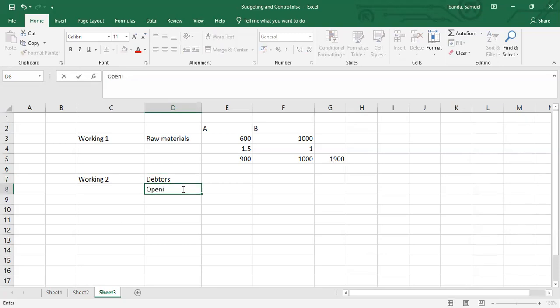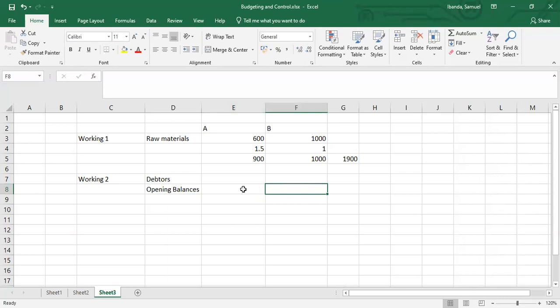So debtors, I have my opening balance. Debtors are basically receivables. So opening balance is worth 19,500, right from the balance sheet that they have provided to us.